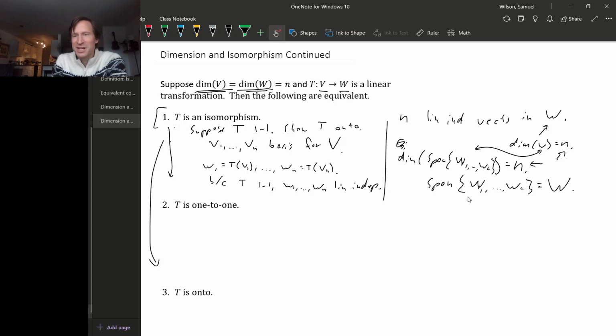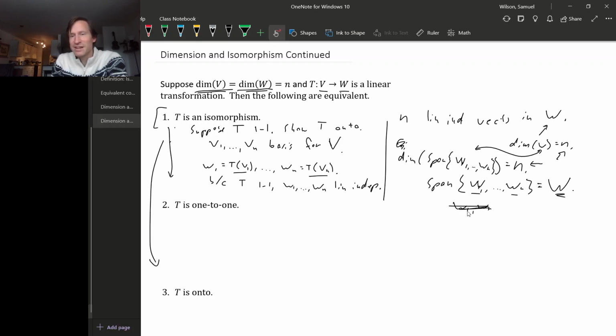So now we have linearly independent W1 through Wn, and they span W. That means that all of W is a linear combination of outputs of this linear transformation, right?